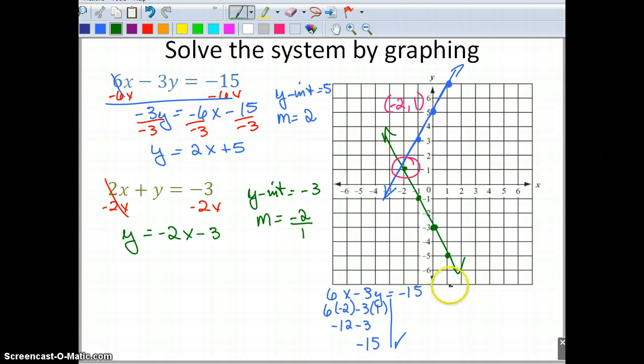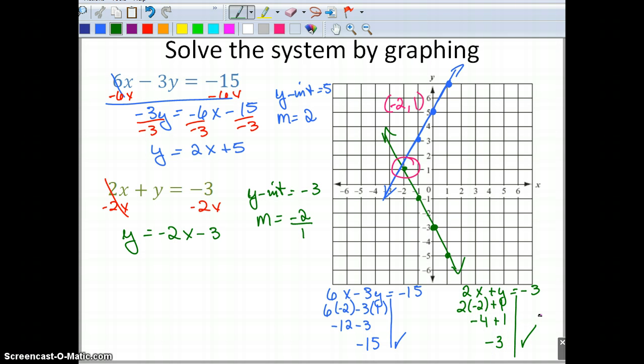Now let's check the green one. 2x plus y is equal to negative 3. So I have 2 times negative 2 for my x value, plus 1 for my y. Negative 4 plus 1 gives me negative 3.